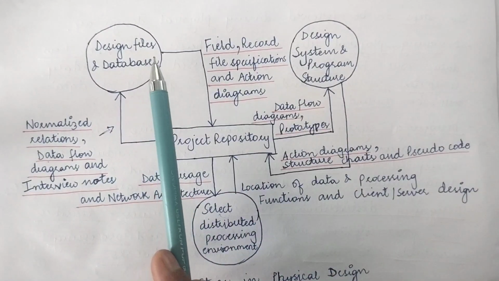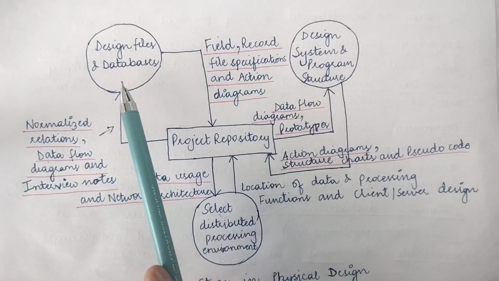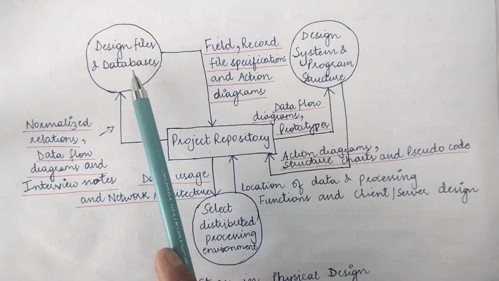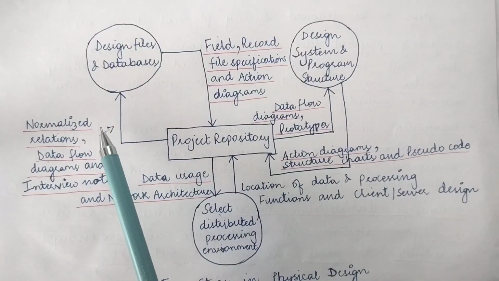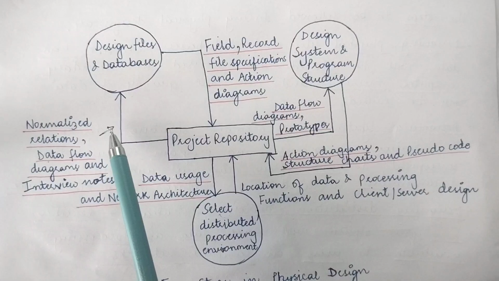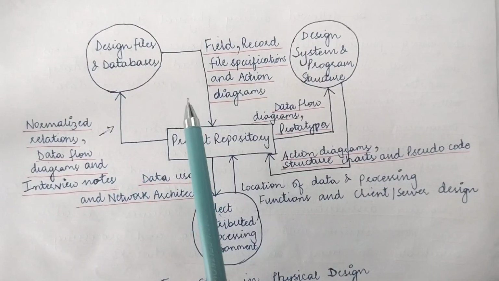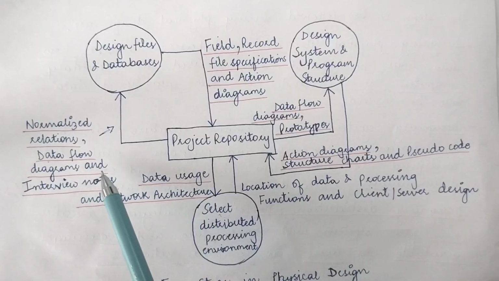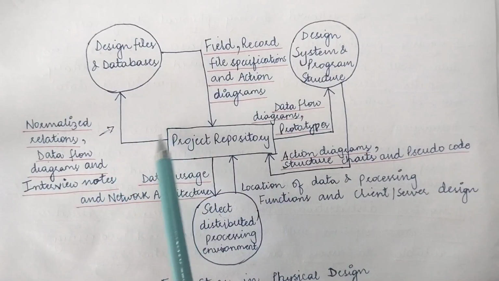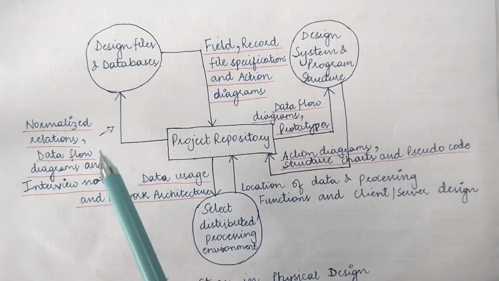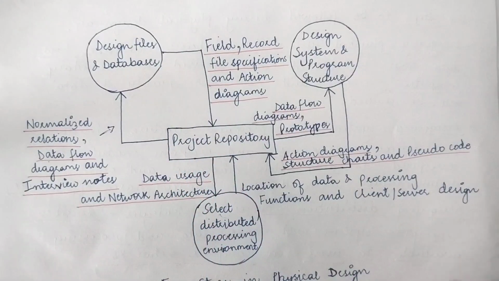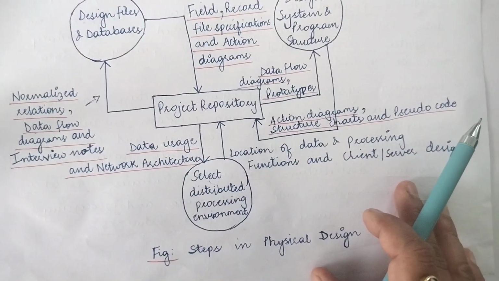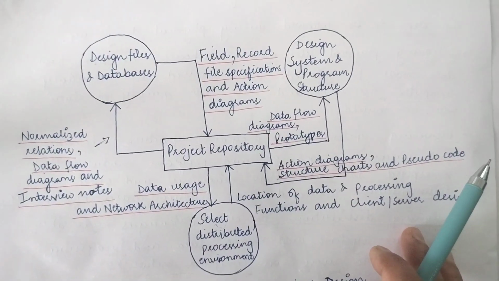And whatever data is stored in files and databases, after designing those files and databases, we will be doing normalization on the stored files in the database. So you will have normalized relations, and there will be data flow diagrams and interview notes that will all be useful in designing the files and databases. So basically these are the various steps in the physical design of the system.